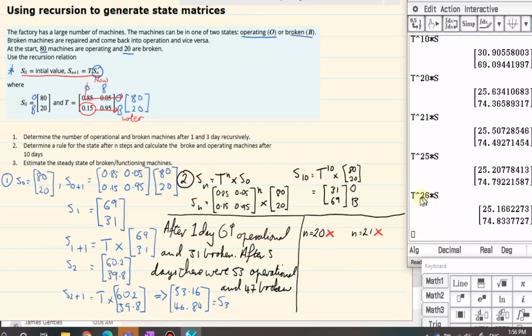To be honest, I'm going to go another one. I'm not quite happy with how much they're jumping at the moment. Let's go 50, and then go 51.